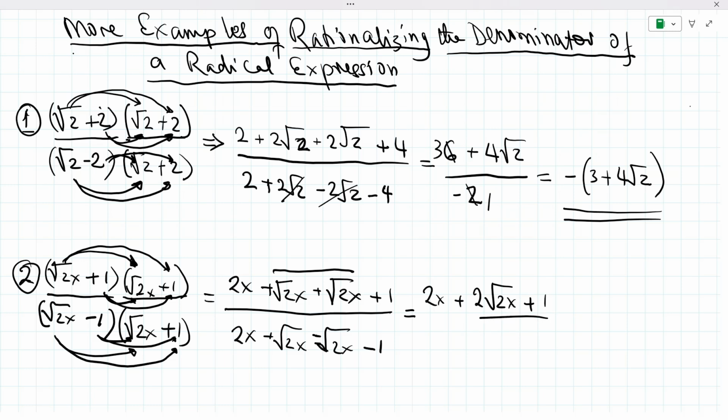It can't get any simpler than that because all the terms are different. They're not like terms. Then in the denominator, positive root 2x minus root 2x will cancel out. And we are left with 2x minus 1. And then that becomes our final answer.